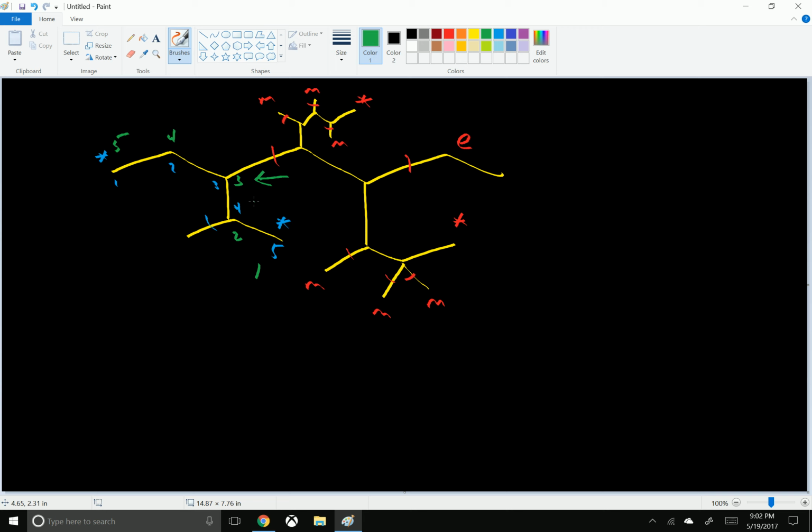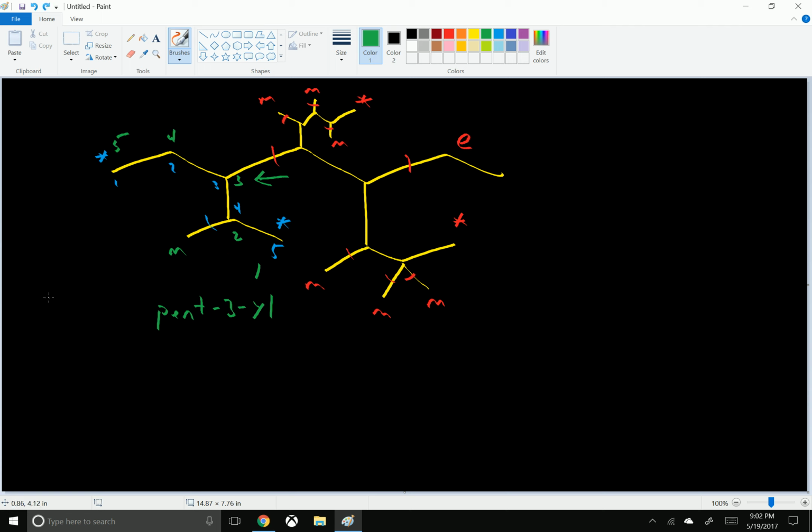So it's going to be a pent-3-yl, regardless. That means our choice is based upon the numbering of this methyl group. That methyl group can either be at position number 2 or position number 4. 2 is smaller than 4, so we're going to go with the green numbering.